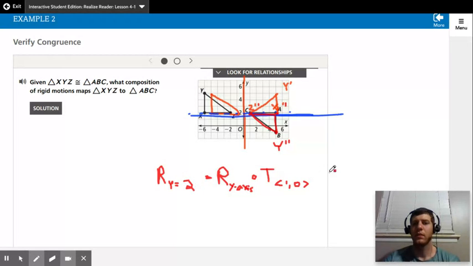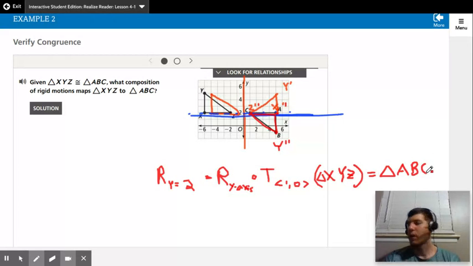Okay, so that was XYZ, triangle XYZ, that we were transforming. And that gave us triangle ABC. So that's kind of how we would formally write it out.